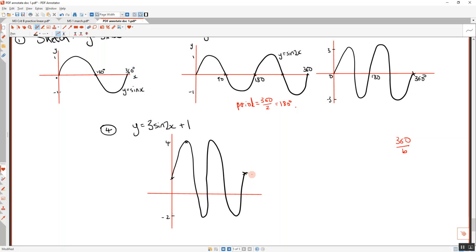And now I need to label my points. Where is 360 going to go here? Right on the line. Think about what's happening.